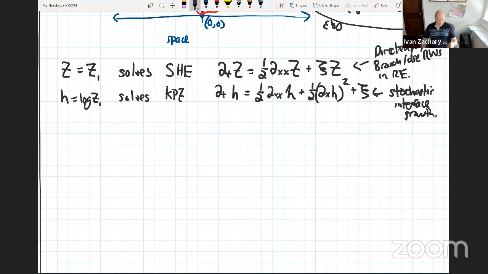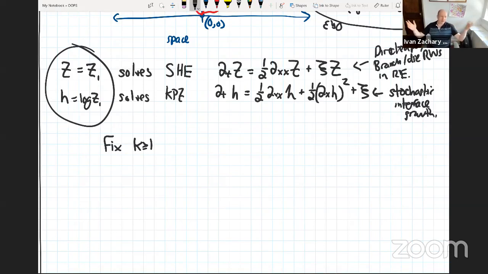Okay, and so the object that we're going to be interested in really is the Z1 or the H1, the top thing. But it will be useful for me to work with general K, and the reason is that there is going to be this hidden Gibbs property.